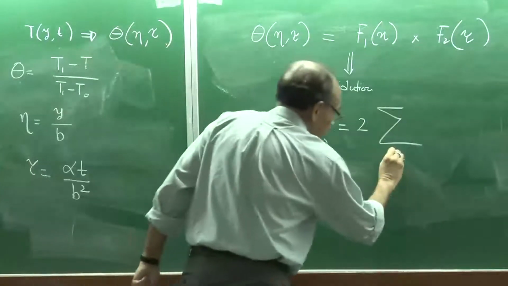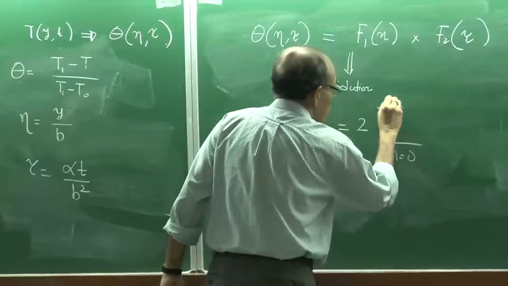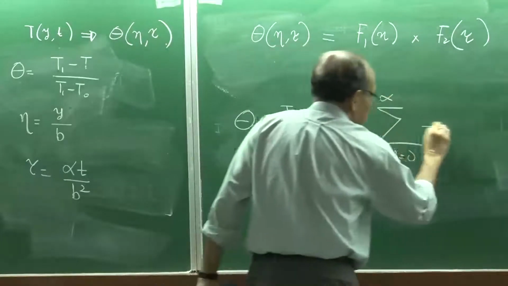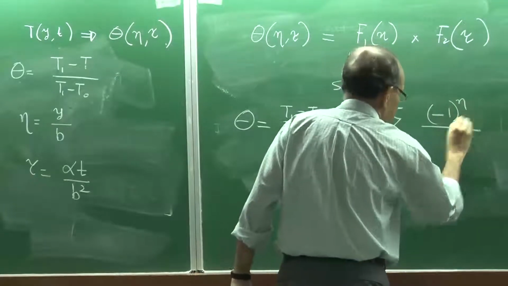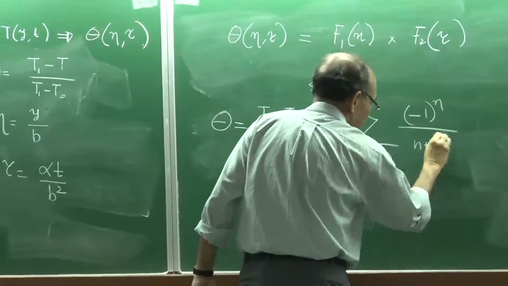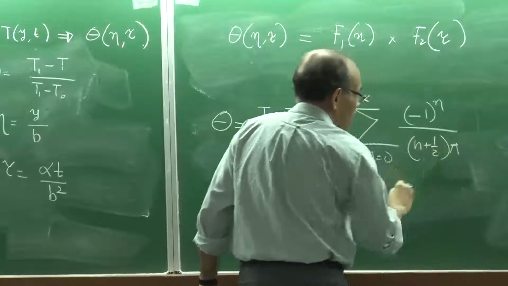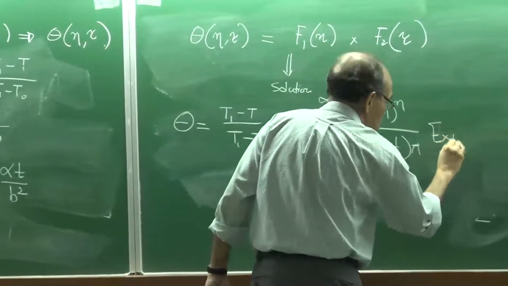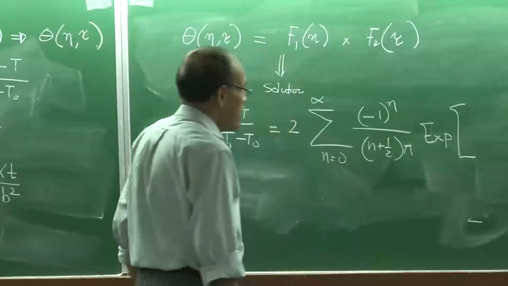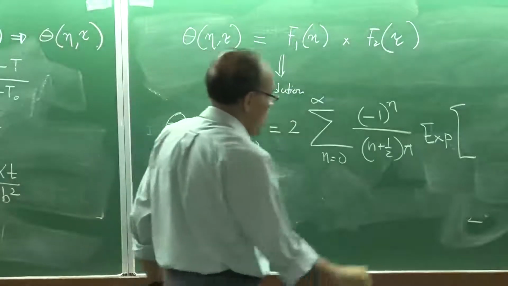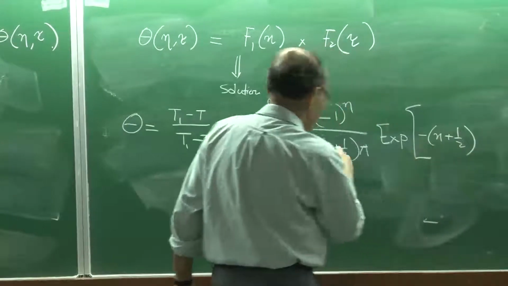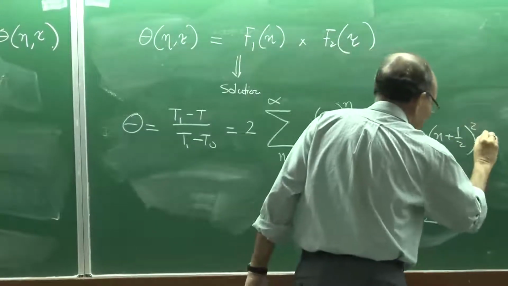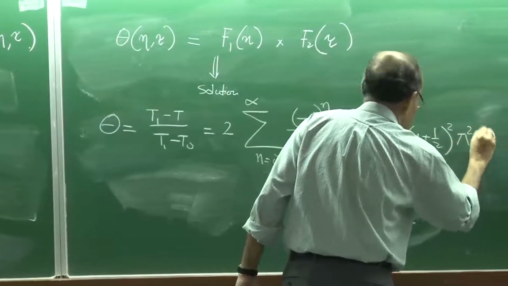So, this is the sum from n equal to 0 to n equal to infinity, and then we have minus 1 to the power n, divided by (n plus half) pi, and then I get the exponential term, with respect to the non-dimensional time, minus (n plus half) squared pi squared tau.